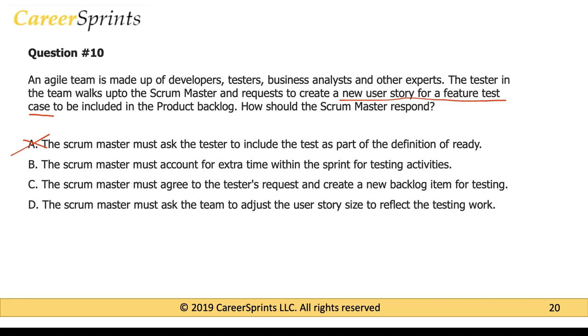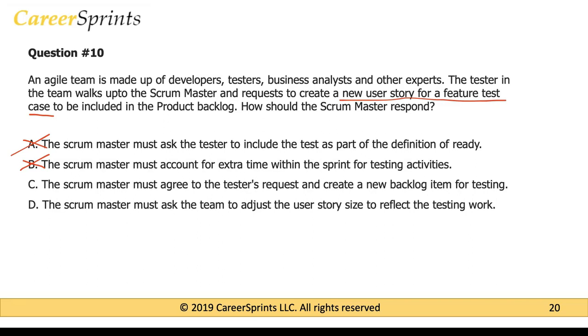If you don't have a test case, you would not know how to implement that story, and even if you implement it, you may implement it incorrectly, or it could be incomplete. So it is the responsibility of the team to figure out how they are going to fit the testing within the sprint. So this will also be the incorrect answer. I'm just going to mark it as wrong.